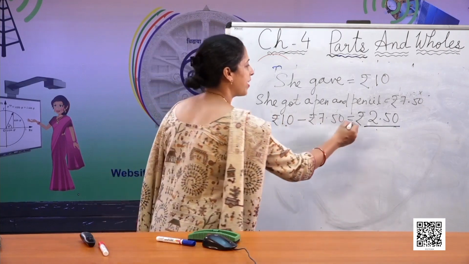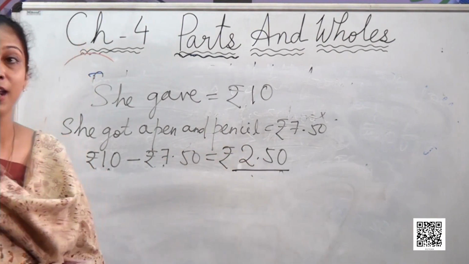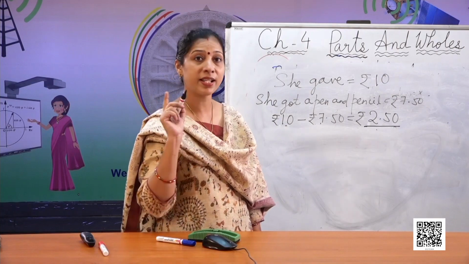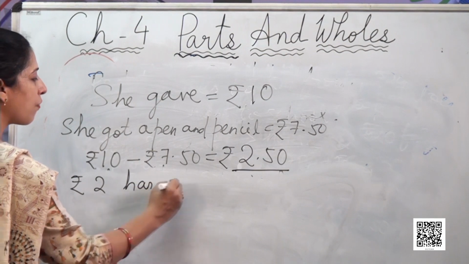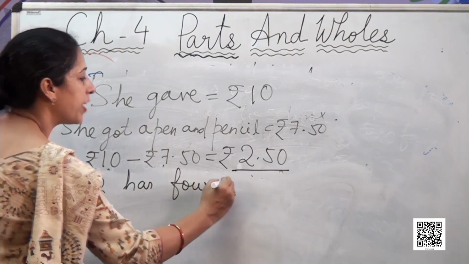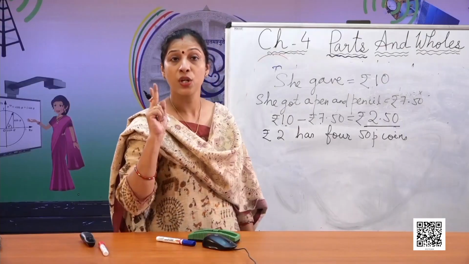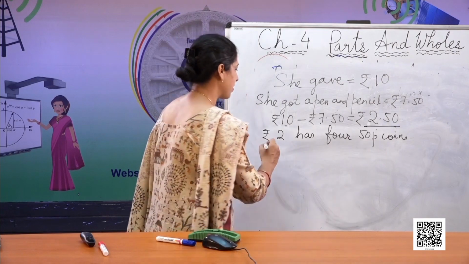So if he gave 2 rupees in 50 paise coins and 50 paise in 25 paise coins, let's see how many coins Latha is bringing back. So rupees 2 has 4 50 paise coins. Yes or no? If rupees 1 has 2 50 paise coins, rupees 2 will have 4 50 paise coins.